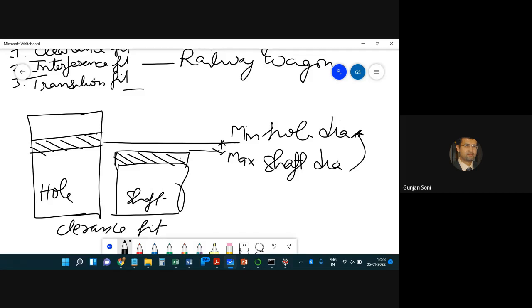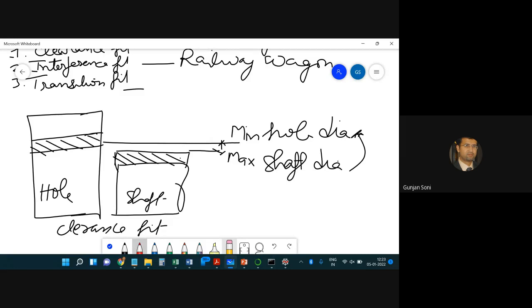Okay. So similarly, we can also say what is the minimum clearance and maximum clearance. So when would you achieve the minimum clearance? In what condition do you achieve the minimum clearance? When they are exactly equal. See, I use a different pen now.